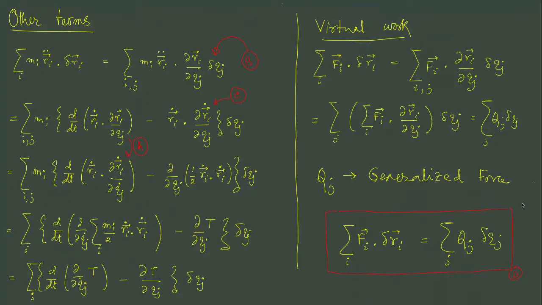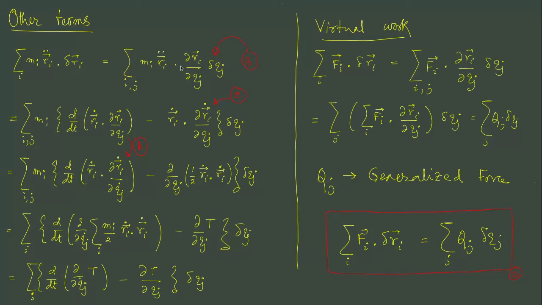Now we look at the other terms. We have mass times acceleration times delta Ri. So the first replacement is from B. We replace the virtual displacement delta Ri in terms of delta qj's. And then I look at the dot product inside, Ri double dot dotted with del Ri del qj. We write it as the total time derivative of Ri dot times del Ri del qj, minus Ri dot times d/dt of del Ri del qj.